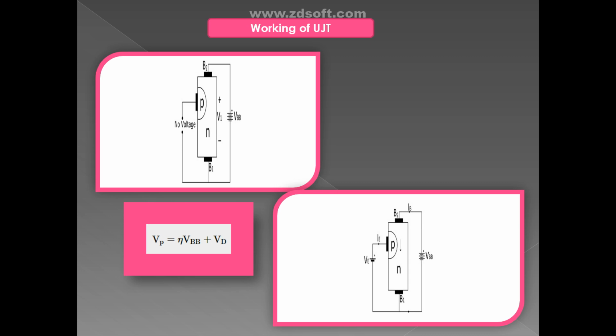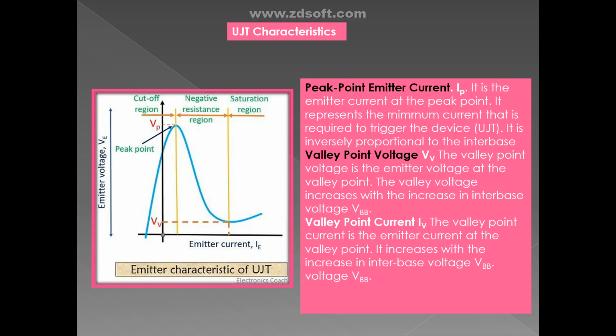Under this condition, UJT is said to be fired or triggered or turned on. As a result of this, the emitter current increases while the voltage at the emitter decreases. It produces a negative resistance region in the VI characteristic of UJT.